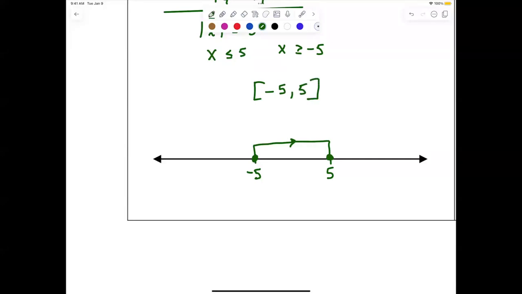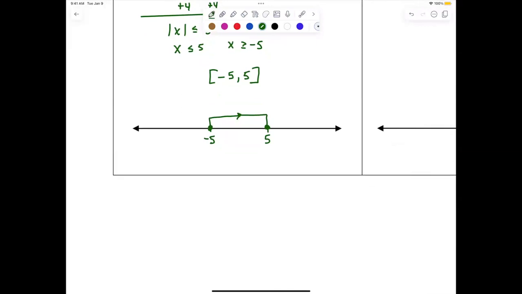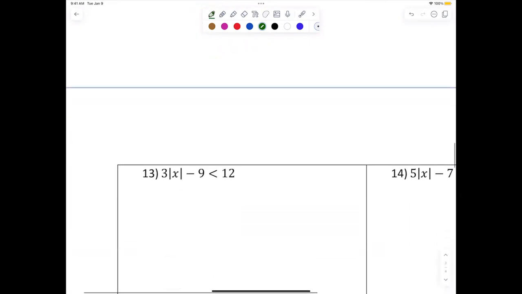Everybody good with that interval notation? Did I do the interval notation? Yeah. Anybody have any issues with that? Anybody? All right, let's continue on.